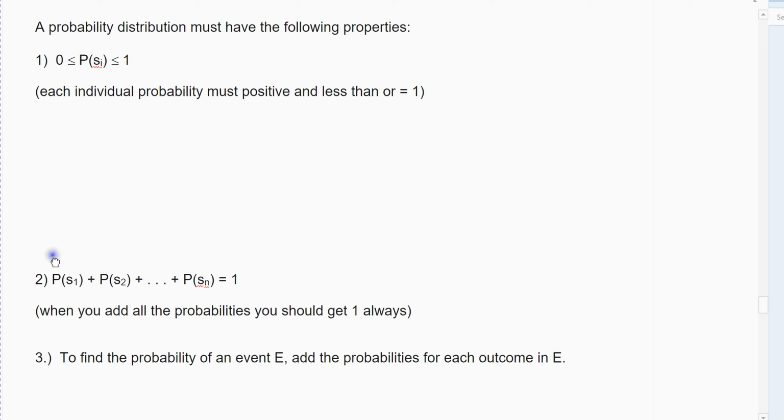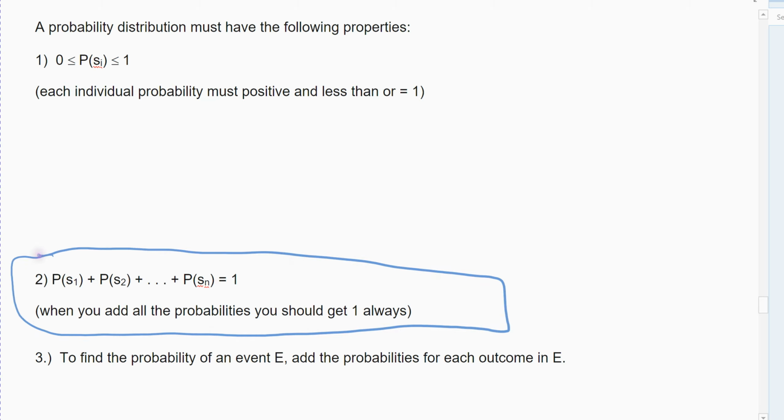The second thing that's, again, important, and we'll actually use this a lot in the next chapter, we'll use it a little bit in this chapter. It's actually a key concept about why probability distributions are useful. If I've listed every possible outcome in a sample space, and then I found the probabilities of each individual outcome, well, if I run the experiment, one of those has to happen, right?